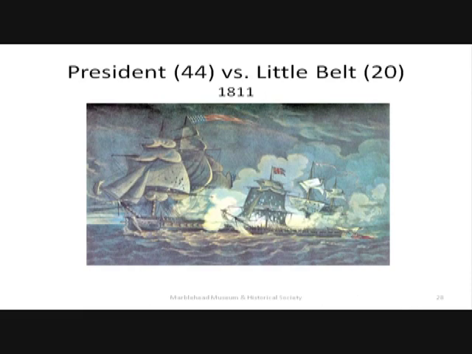We had one war incident before we get to the point where war is getting really imminent. The President was one of the 44-gun original frigates. And it turns out that the Guerriere had taken and pressed a seaman from Maine, and they were asked to go investigate.